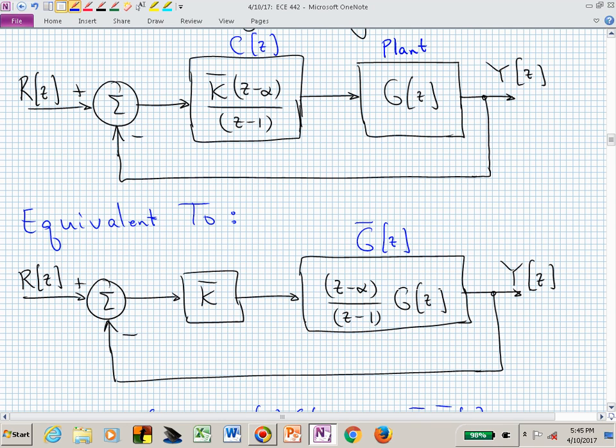If somebody gives us a plant G and they say, control this with a PI controller, you can now augment G with a Z minus alpha factor and a Z minus 1 pole factor, and now adjust K bar to hopefully stabilize or give you the desired behavior you want in your closed loop system.